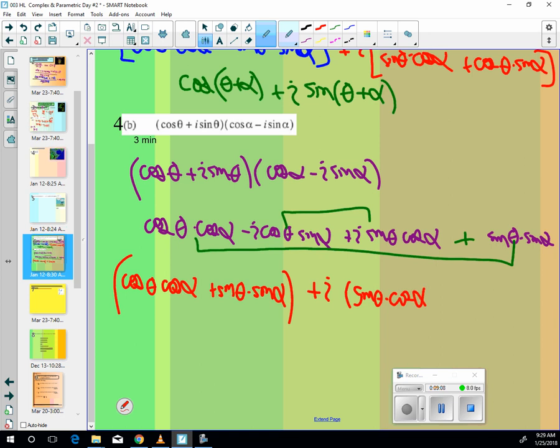And this will be minus cosine theta sine alpha.